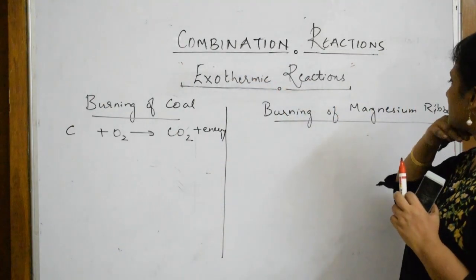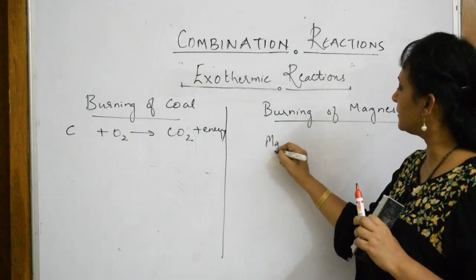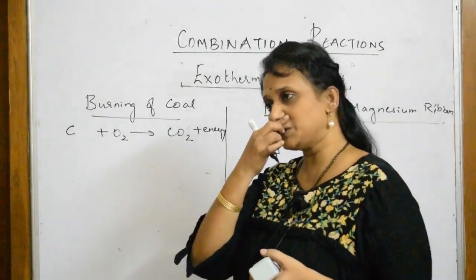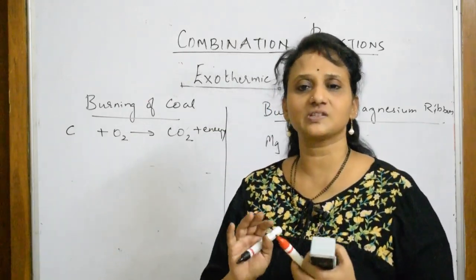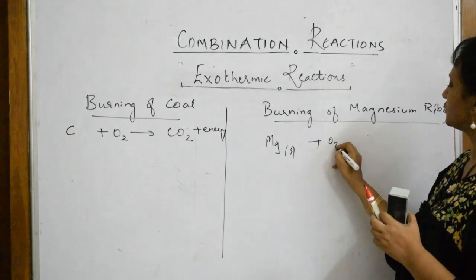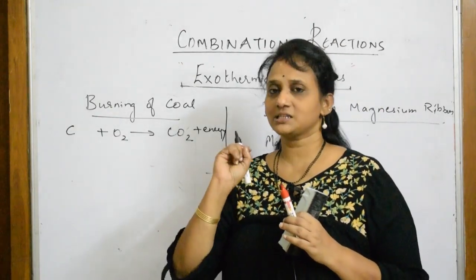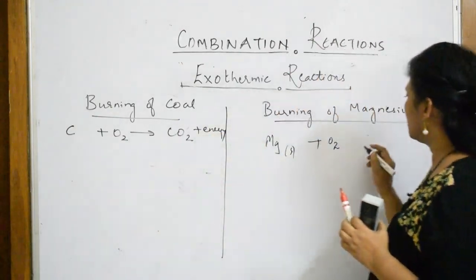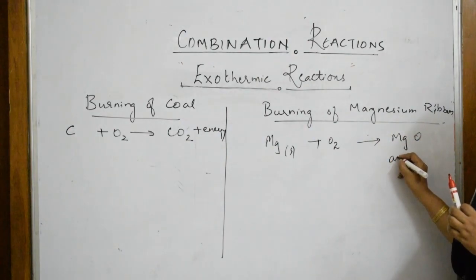Here when we speak about magnesium ribbon, whenever you use magnesium ribbon, you need to rub it with sandpaper so that you take out the oxide, and then you heat the magnesium ribbon in oxygen. Immediately it starts, just like your Diwali crackers, giving dazzling light. It burns and forms a compound called magnesium oxide, nothing but ash.